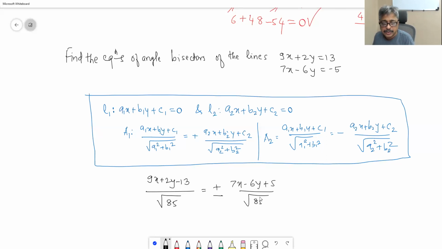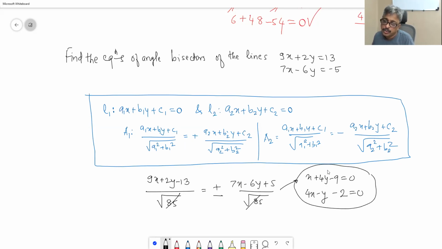Good, root 85 gets cancelled. Therefore, the two angle bisectors that we get are x + 4y − 9 = 0 and 4x − y − 2 = 0. And these are the answers for the above question. Now, let us look at the geometry of these two lines.